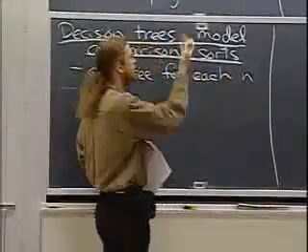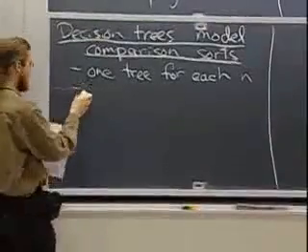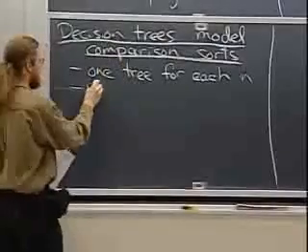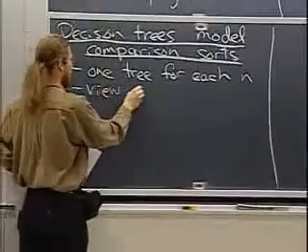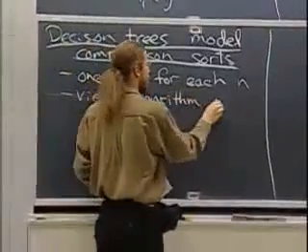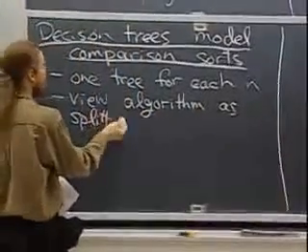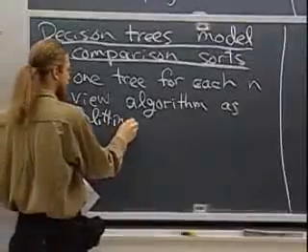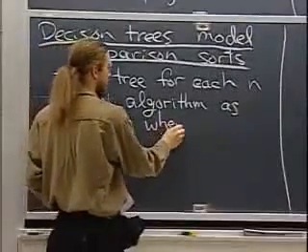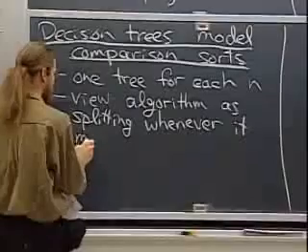As I mentioned, the decision trees depend on n. The algorithm depends on n, but it works for all values of n. And we're just going to think of the algorithm as splitting into two forks, the left subtree and the right subtree, whenever it makes a comparison.